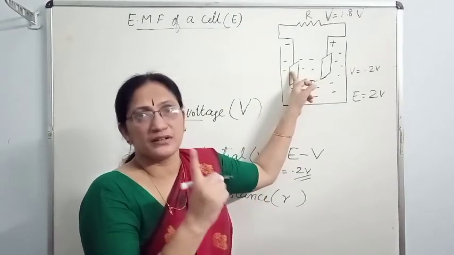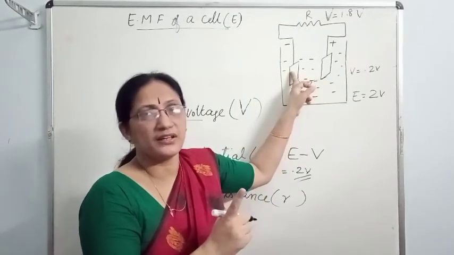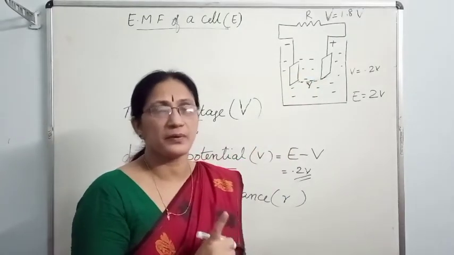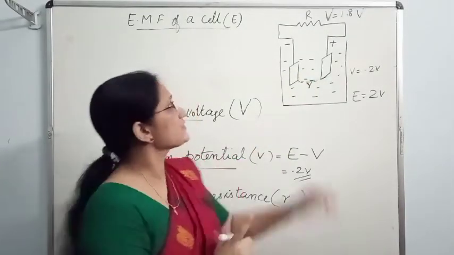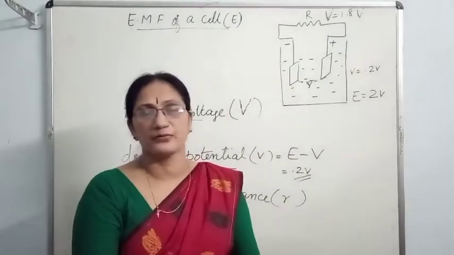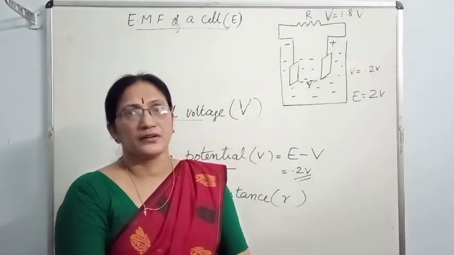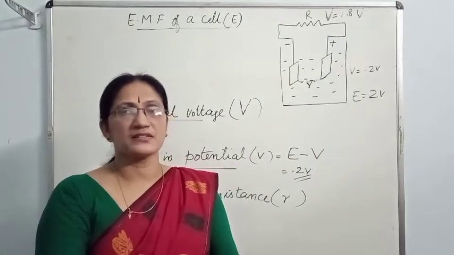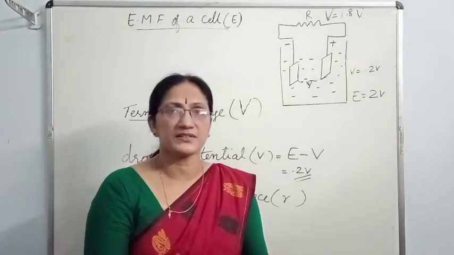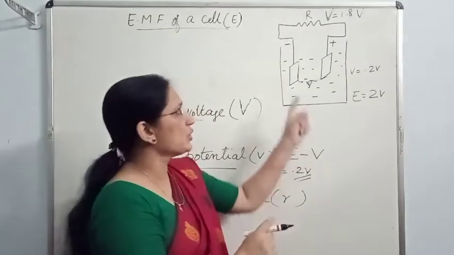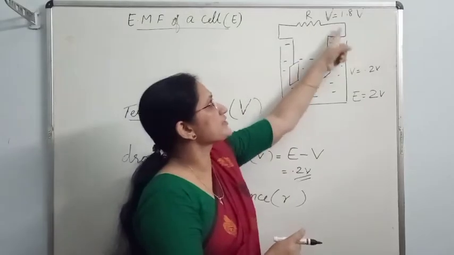During this path or journey, how much work is done by 1 coulomb charge? That is also defined as EMF of a cell. EMF of a cell is the work done by unit charge, meaning 1 coulomb charge, in moving around the entire circuit.